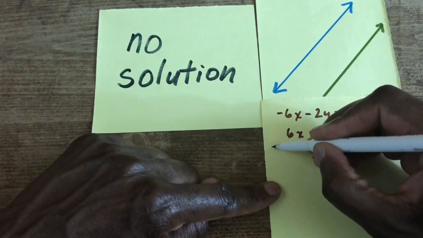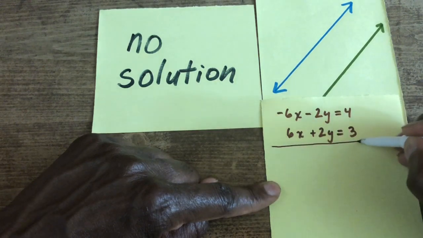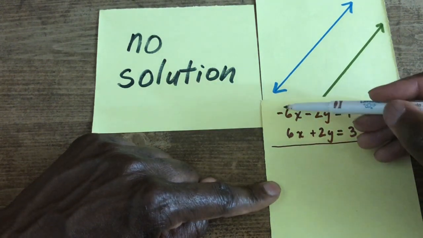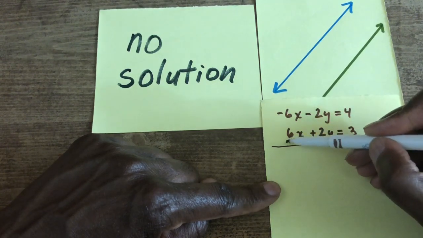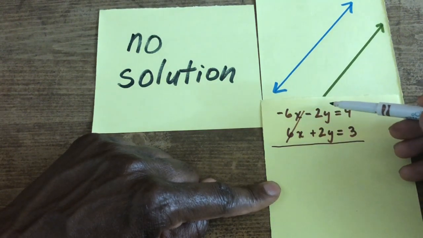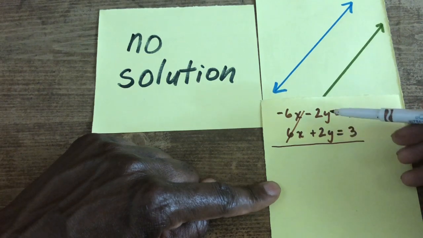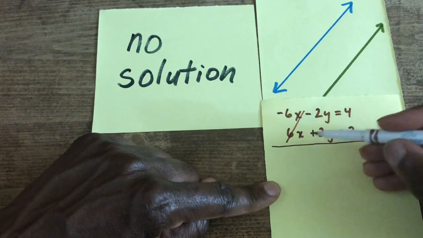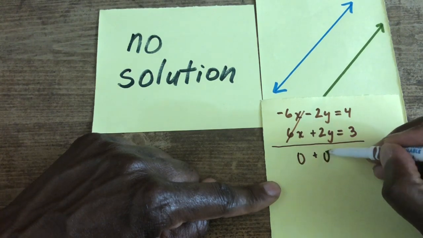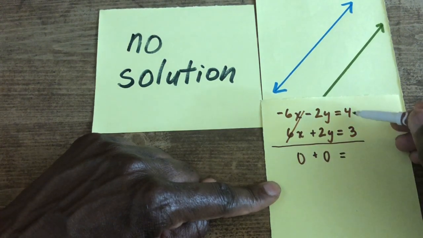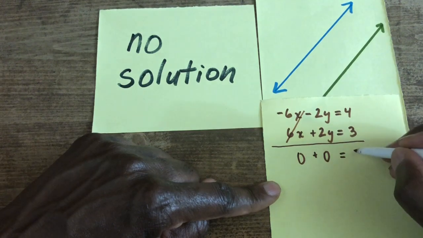So when I add these two equations together, that means this is now going to become 0x, which will be eliminated. And the negative 2y and the positive 2y will also become 0y. So really what I have is 0 plus 0 is equal to 4 plus 3 gives me 7.